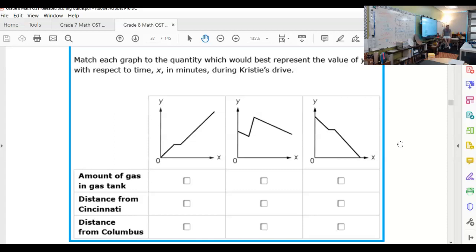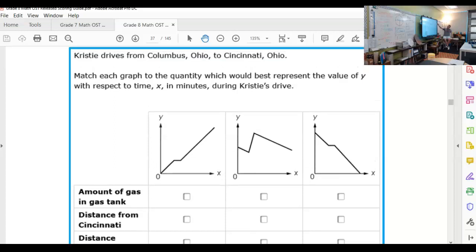Unless you stop at a gas station. So either the second or the third graph is going to be our gas. I'm going to skip that for now and move on down to distance from Cincy. Since I'm on my way to Cincinnati, should my distance from Cincy be getting smaller or getting bigger? Smaller.